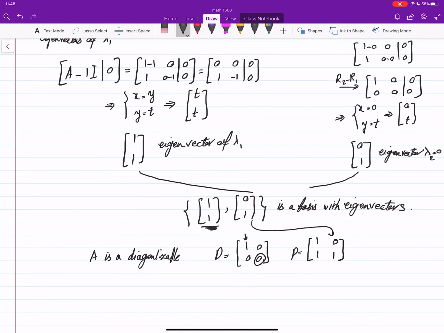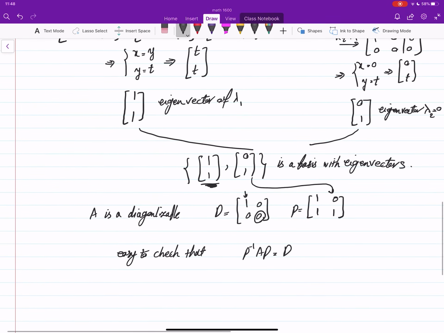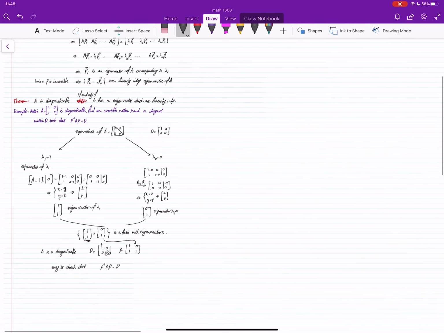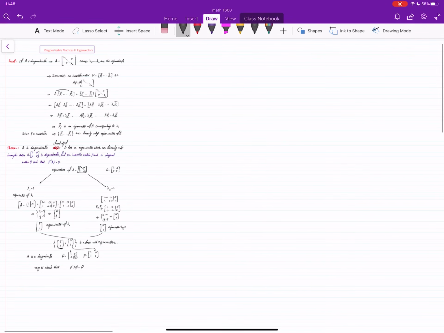That's P. It's easy to check that P inverse A P is equal to D. So this gives us a criteria, and how to make the diagonal matrix and the invertible matrix for a diagonalizable matrix.